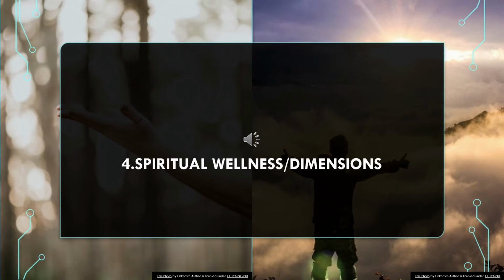This dimension is usually considered the ability to establish peace and harmony in our lives. We value our actions, we believe that there is a power, and we maintain our spiritual wellness by practicing our own religious traditions or practices. In that way, if it keeps us happy, then we are spiritually well.